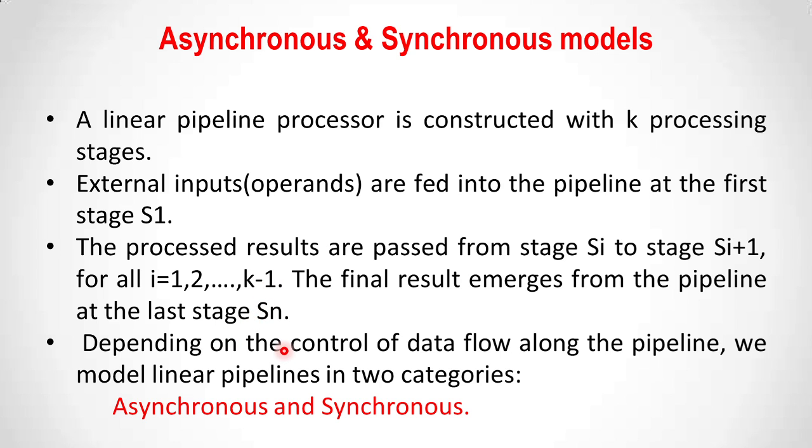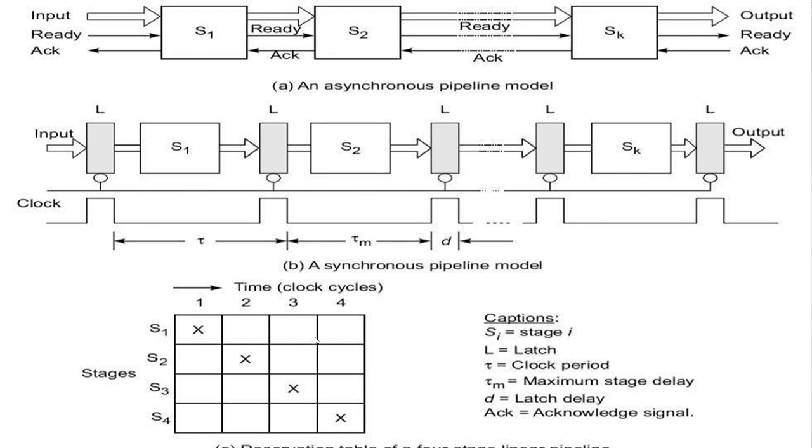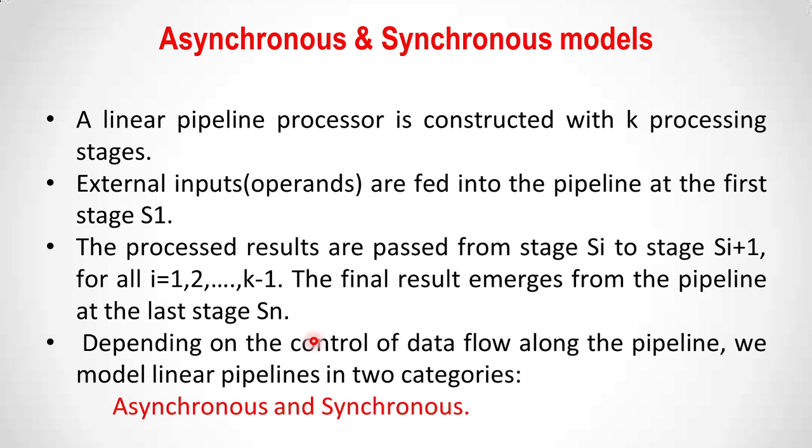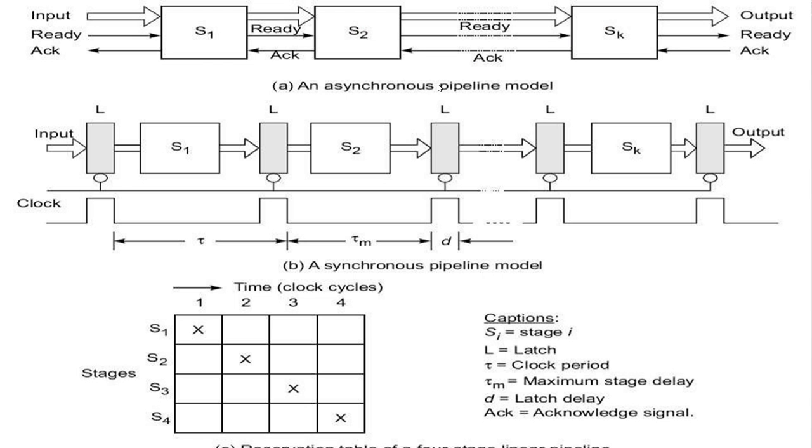Depending on the control of data flow along the pipeline, we model linear pipeline in two categories: asynchronous and synchronous. Once you see the diagram, you will easily understand what the asynchronous and synchronous models are.